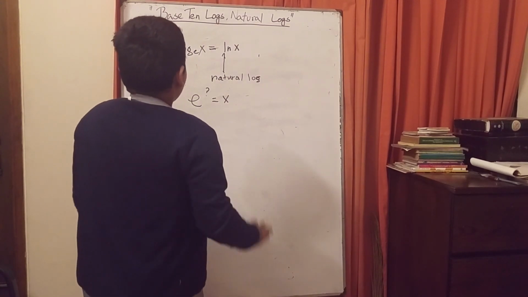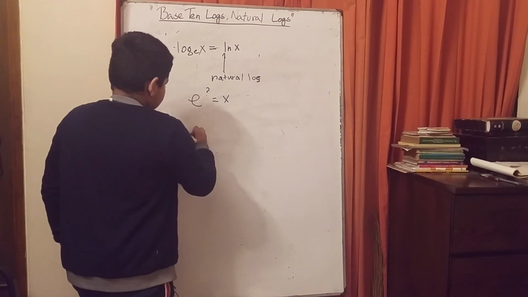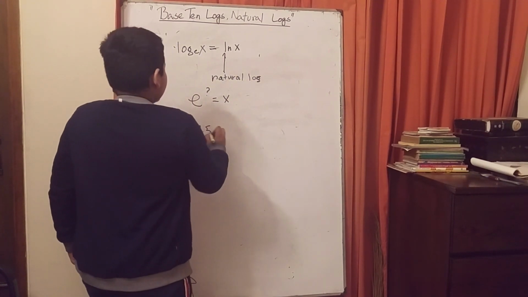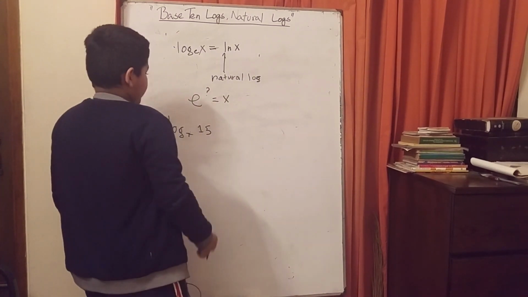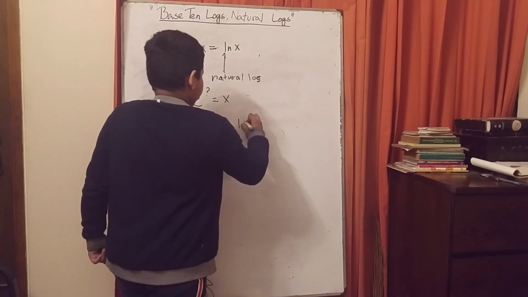It's basically telling e should be raised to what number to get x. Now, if you have a log, such as log to the base 7 of 15, we have to use the change of base property. Now the change of base property goes like this.